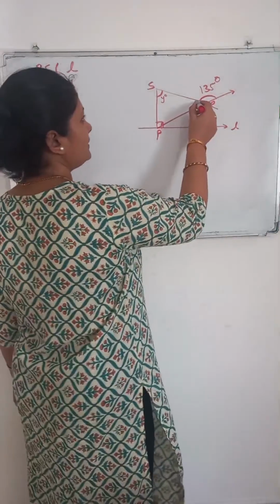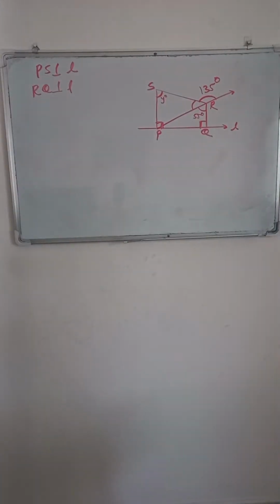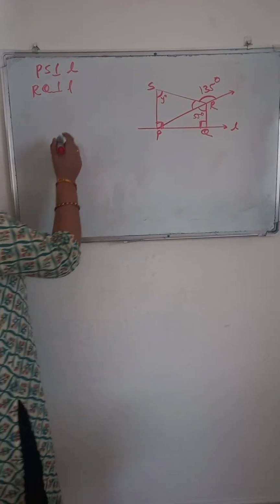So if this is 135, this is in a linear pair. So 180 minus 135, what is the answer? 180 minus 135 is nothing but 45, no?